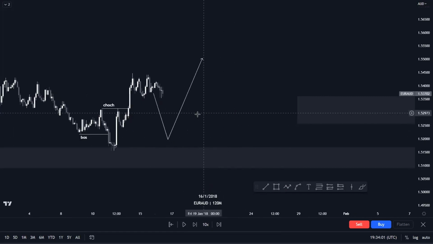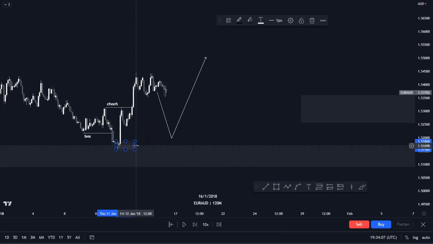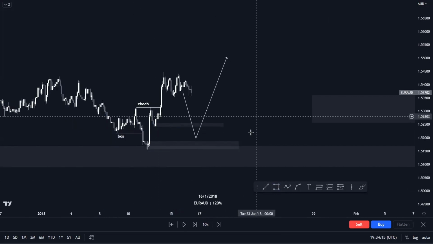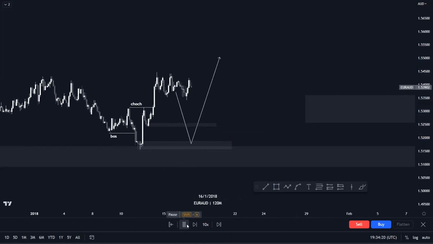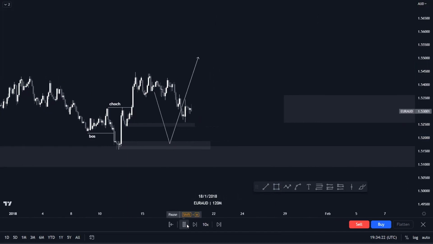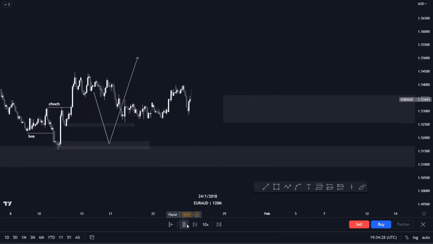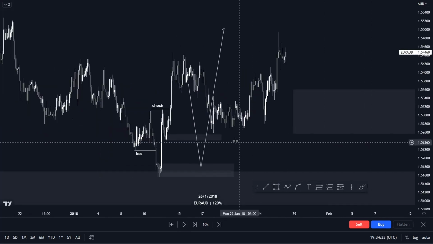For this instance, my order block will be here and at this demand area here. As you can see, the price just turned above my demand area and pushed to the upside.